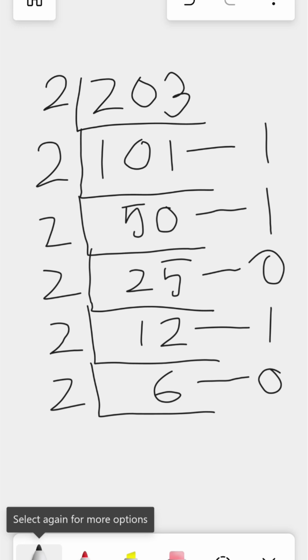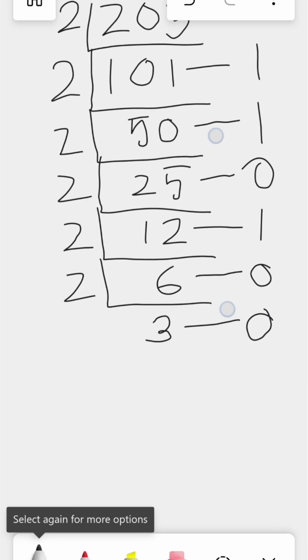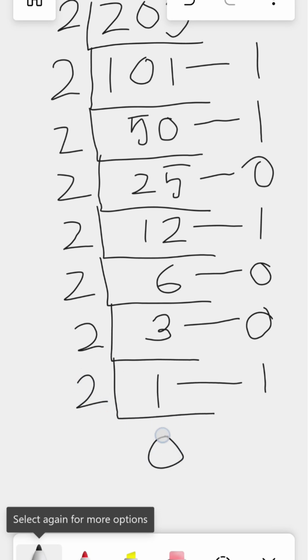It will go now 3 times. The remainder is 0 as well. And again we will divide by 2 and it will go only once and the remainder is 1. Again we will do it with 2, 0 times, remainder 1.